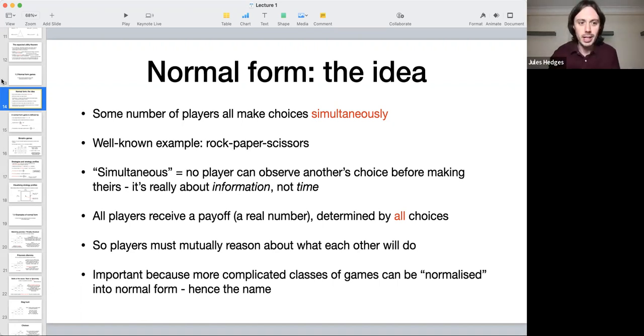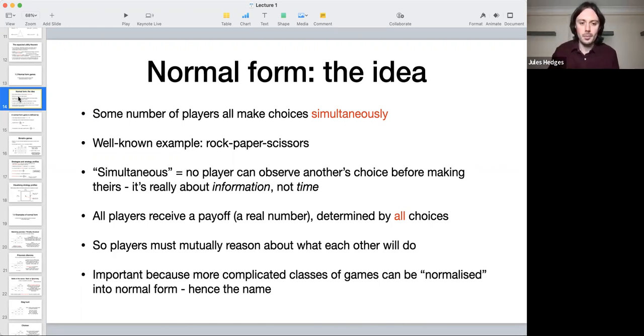But really, the conceptually important thing is that simultaneous is about information. So the players can move at different points in time as long as neither has access to the other one's choice, as long as it's hidden information. So they're kind of morally simultaneous.